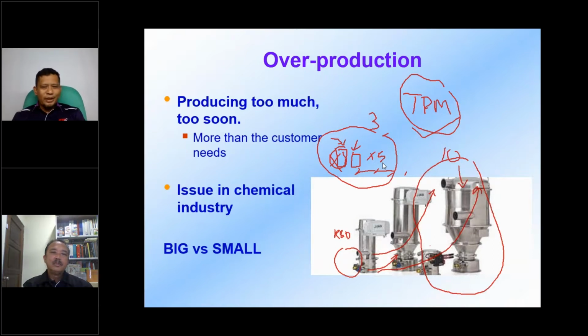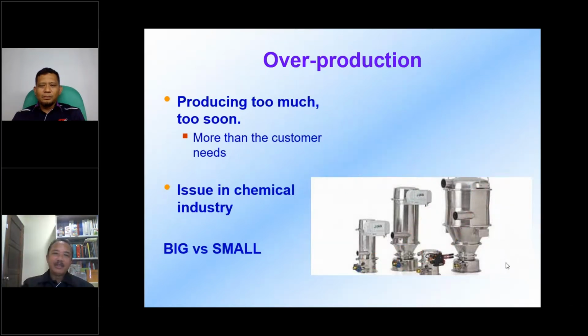Small will be more flexible, yes, because the volume is not always stable. It can be small, it can be big, and when it's down, then you can reduce accordingly. So I think small. I have to agree with you.